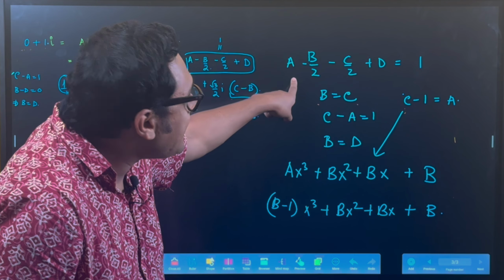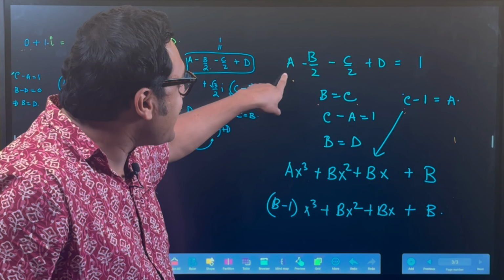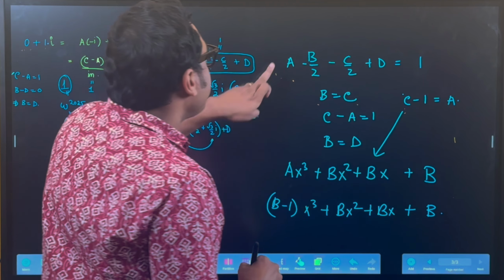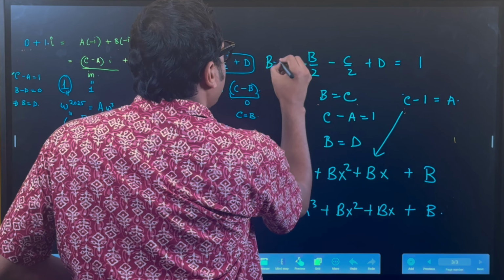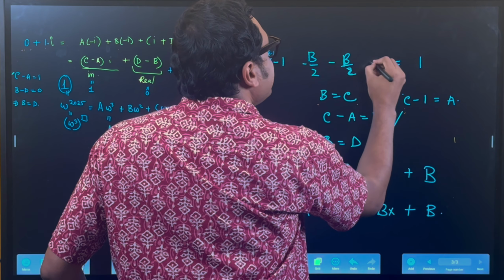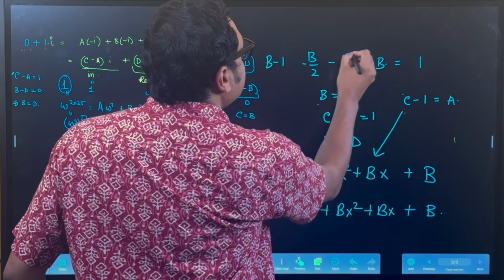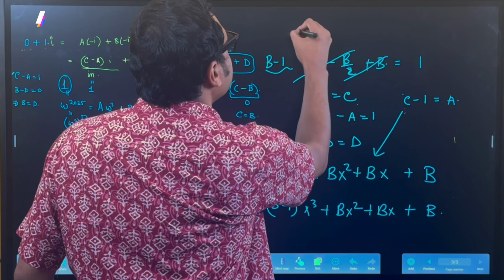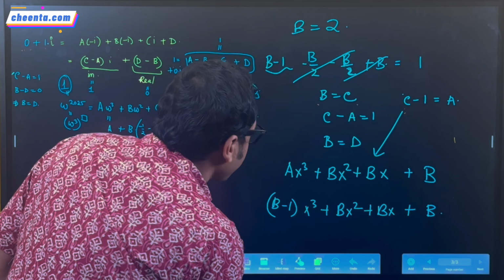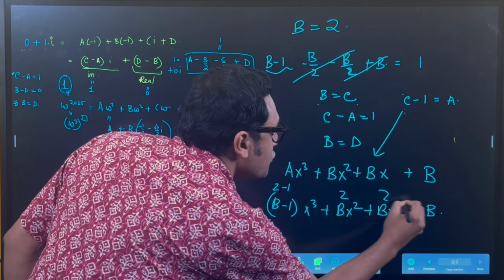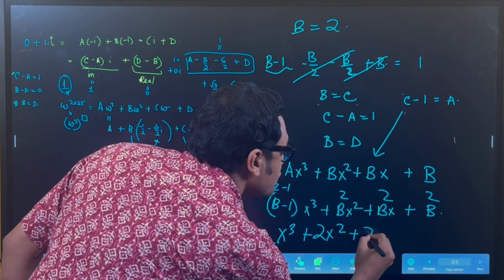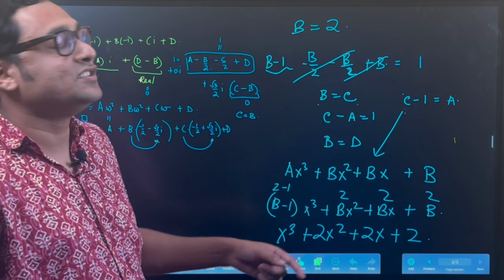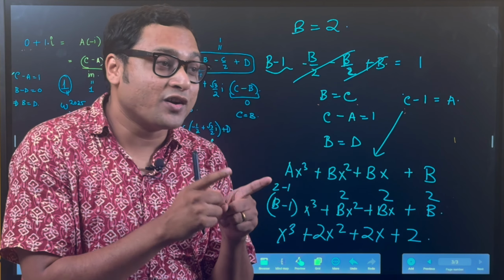Now you can find out the value of B from here. So A is B minus 1, C is B, D is B. So these two cancel off, B becomes equal to 2. So you have 1, 2, 2, 2. So x cubed plus 2x squared plus 2x plus 2, this is your final expression for the remainder.